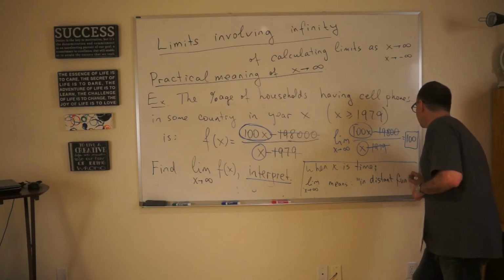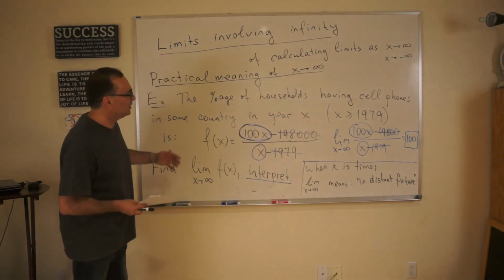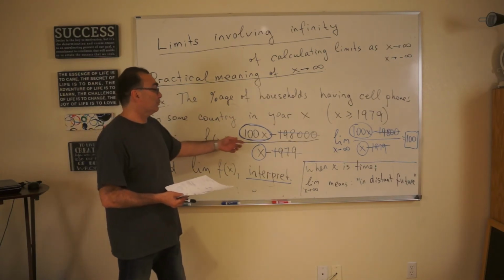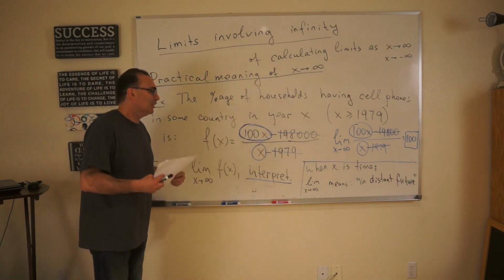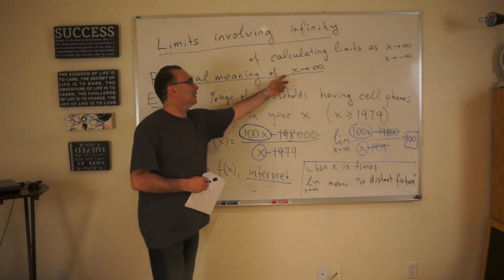So many years from now, it means in the distant future. And so by calculating the limit as x approaches infinity, you may estimate what happens with this function, or with the value of this function, like a percentage or whatever, in the distant future. And this is the practical meaning of x approaching infinity.